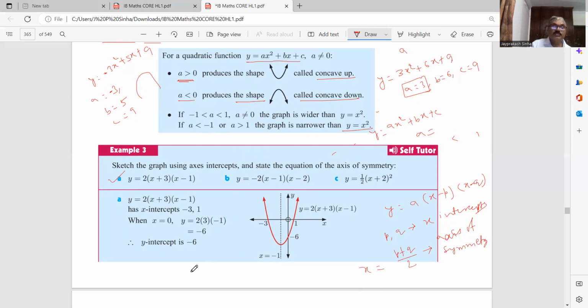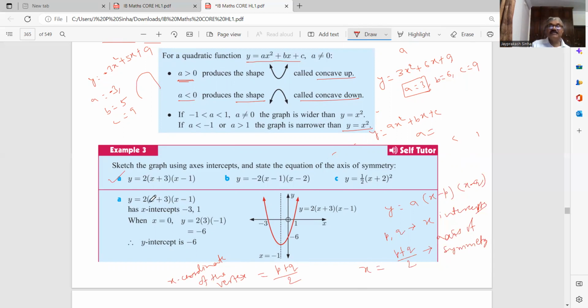And x coordinate of the vertex is equal to p plus q by 2. So this equation is of the same form.